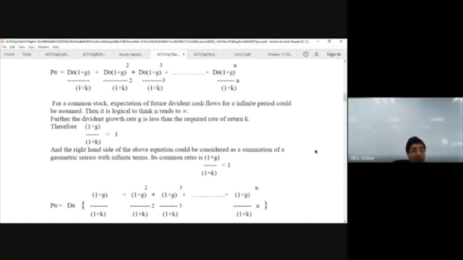In symbols, you can put it as D0 into 1 plus G, where G is the growth rate. That is the first year dividend, D1. D1 is equal to D0 (1 plus G). Then we can go for D2 also. D2 will be D1 into 1 plus G.